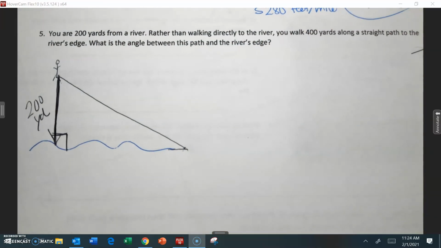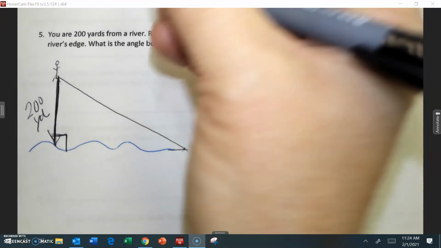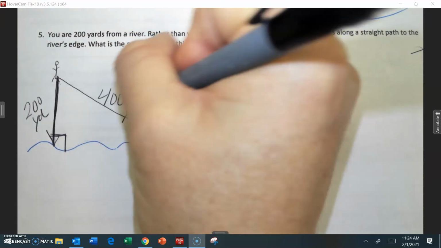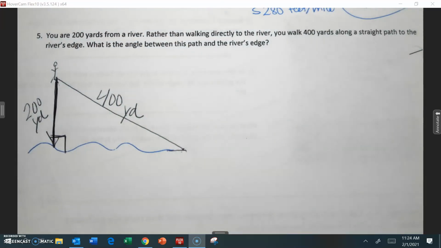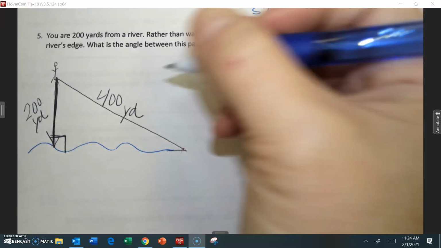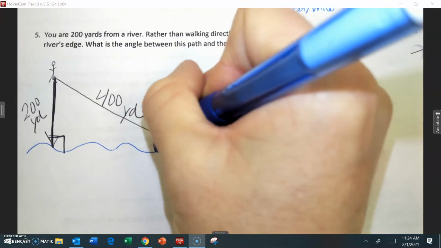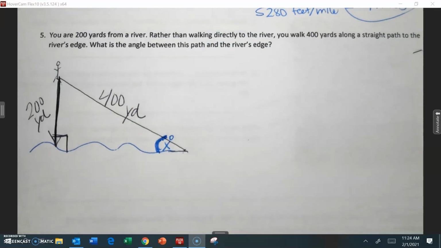So this is the diagram that we want to use, and we know that this is 400 yards. The question they're asking is, what is the angle between the path and the river? So they want us to find this angle, I'm going to call it x degrees, right there.